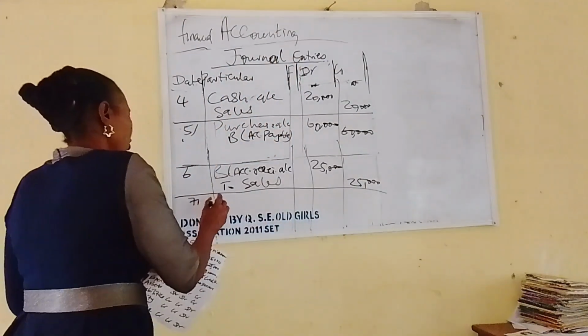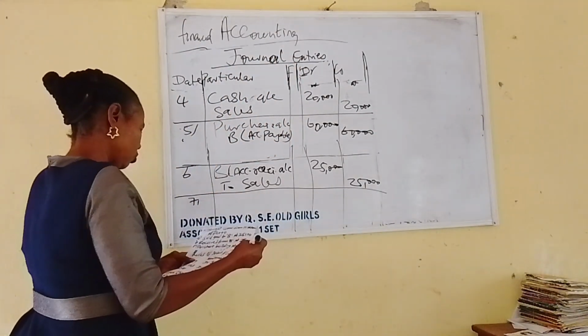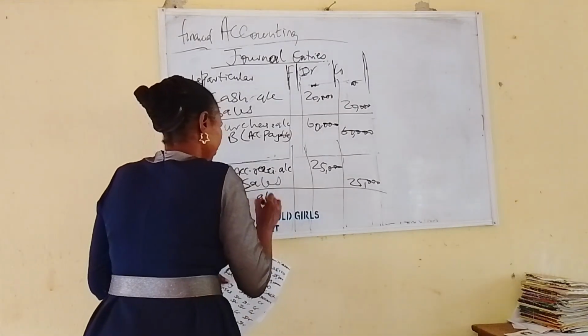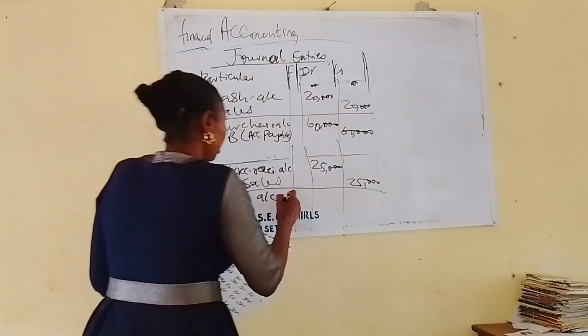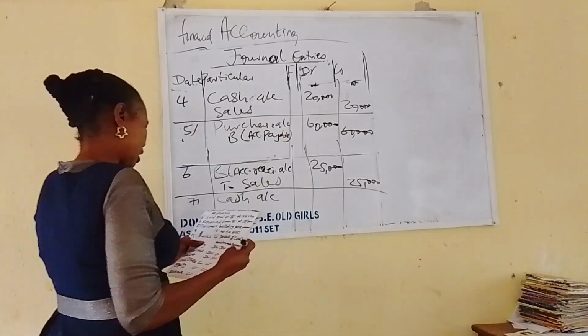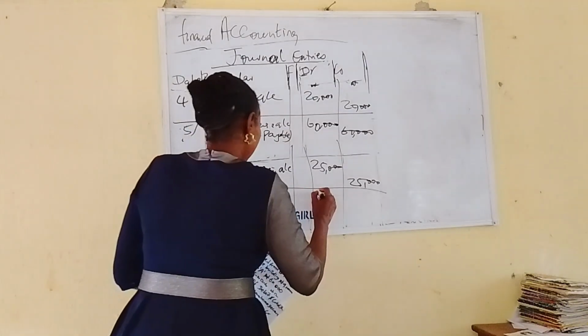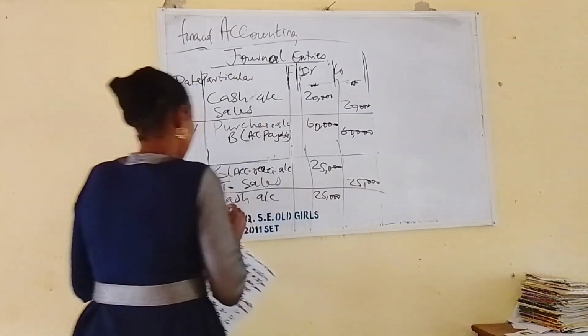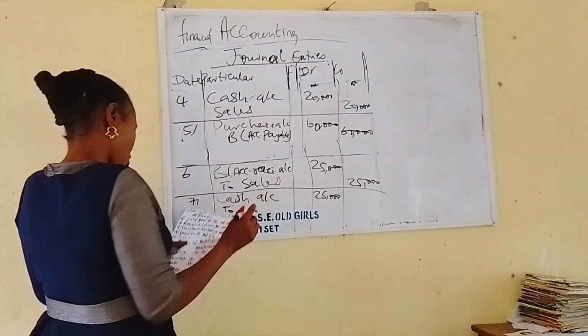So first of all, cash account. You have to debit cash account 25,000. Then to what?